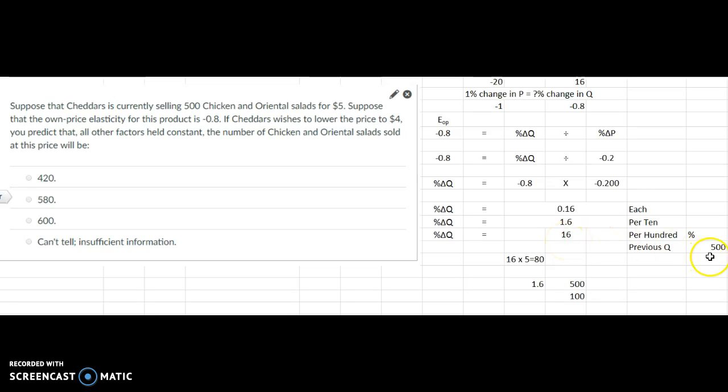So 16 times 5, that's going to be the same as this times, right, where we were. So 16 times 5 is going to be 80. Now that 80 is the physical number that it's going to increase. So we just add that 80 back to the original 500, and that's how we ended up with 580.